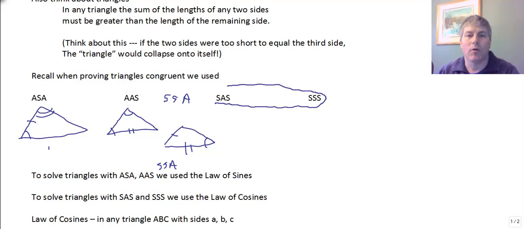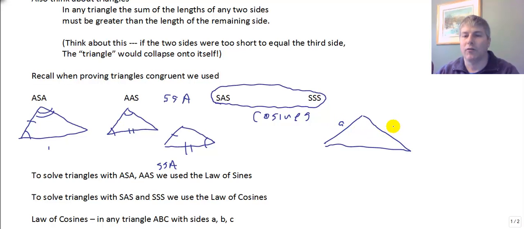Now, moving forward, if we have side angle side or side side side, we would use the law of cosines. Okay? So if we have no angle measurements, and we have just the measures of three sides, we know side A, side B, and side C, well, we have to use the law of cosines.